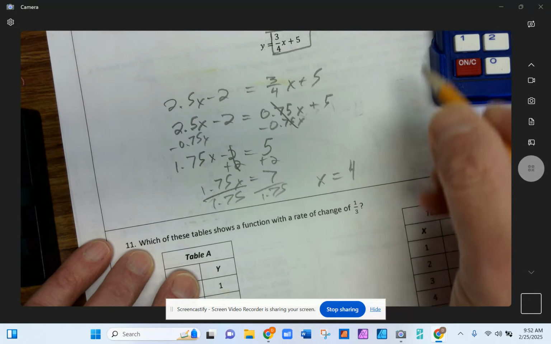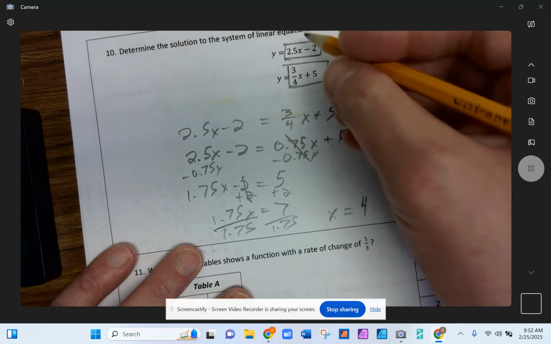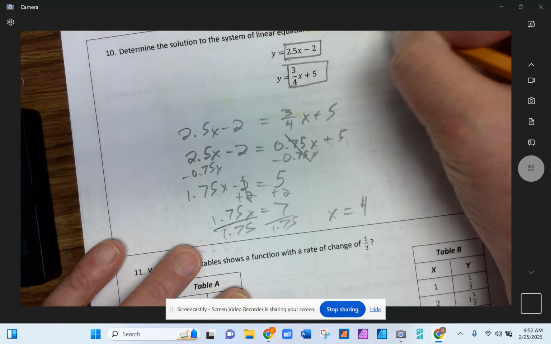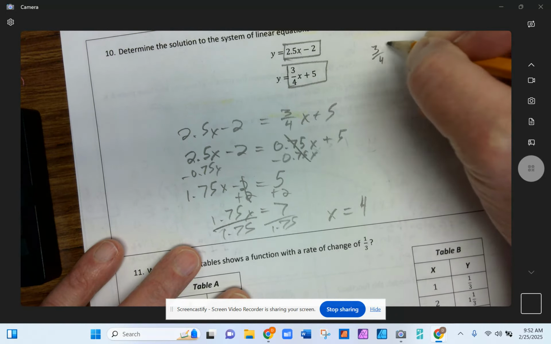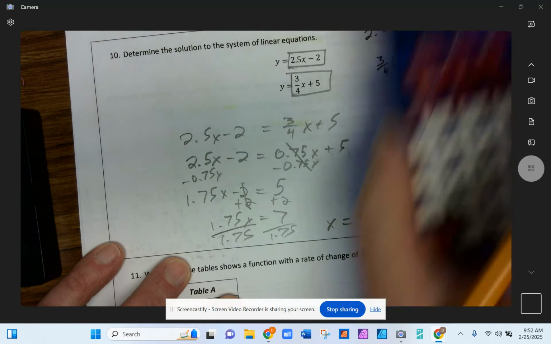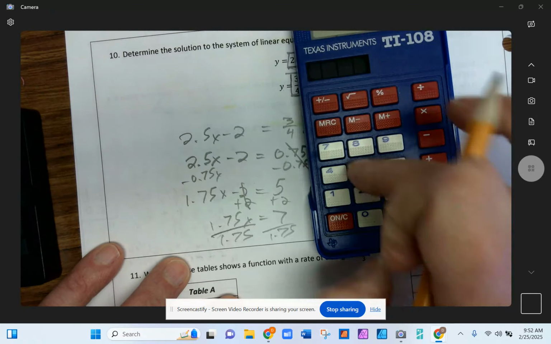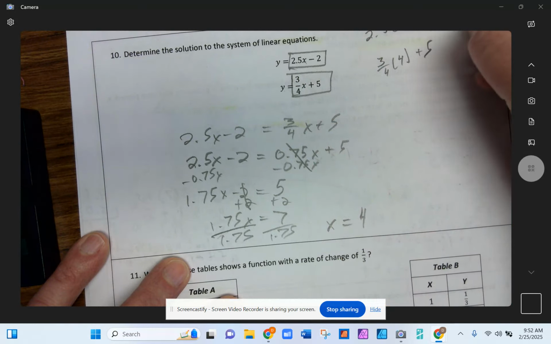Now we plug this 4 in. I think either one, honestly. If you plug it in here, you get 2.5 times 4 minus 2, or you get 3/4 times 4 plus 5. 2.5 times 4 is going to give us 10. Boom. So 10 minus 2 is 8.